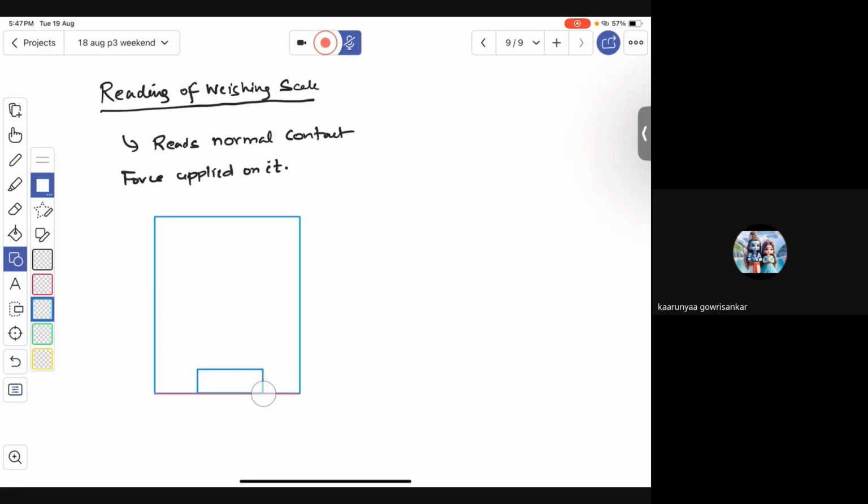So on the floor of the lift, suppose I have a weighing scale, and on top of that, there's a person of mass m, and this lift is going upward with him with some acceleration. And we have to figure out the reading of the weighing scale.